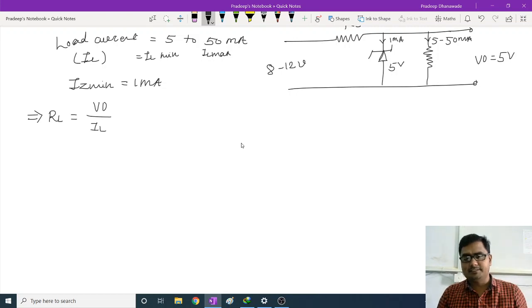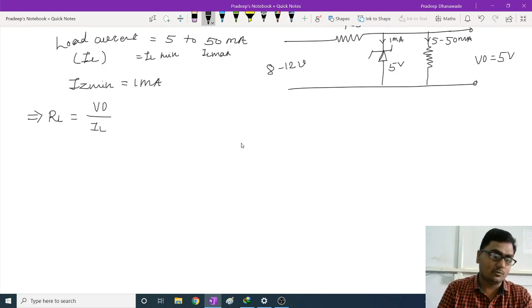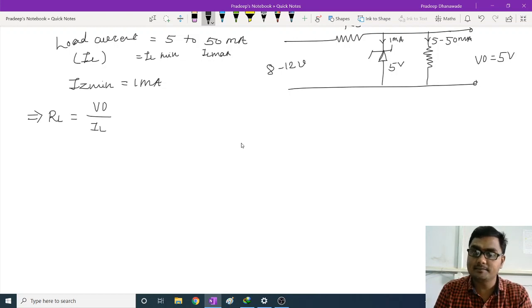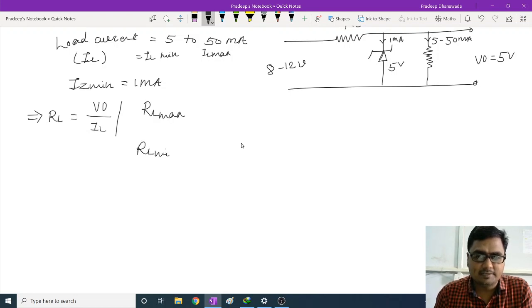IL minimum is specified and IL maximum is specified. It means now I have to calculate RL maximum and RL minimum. So instead of writing the equation for RL, I have to write the equations for RL maximum and RL minimum.